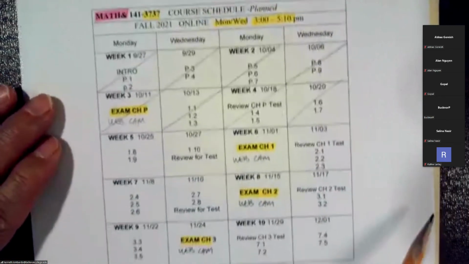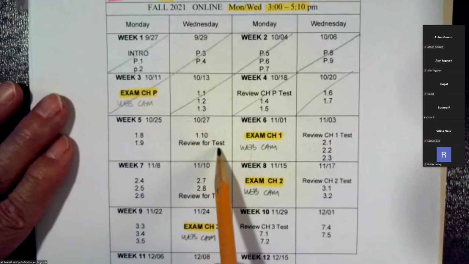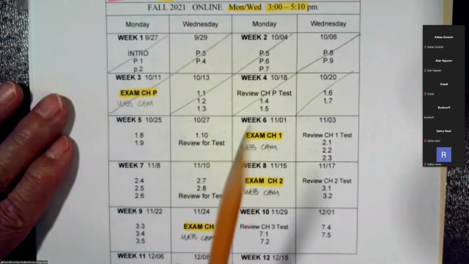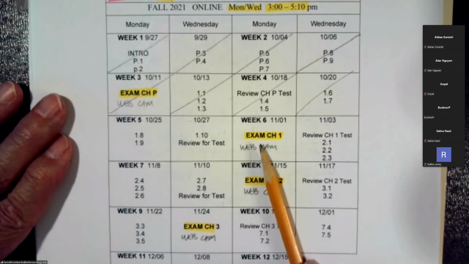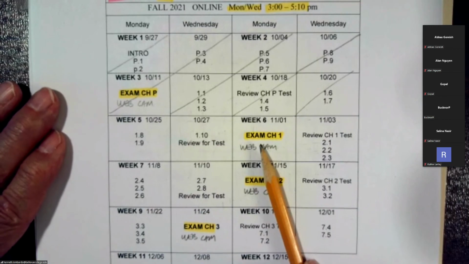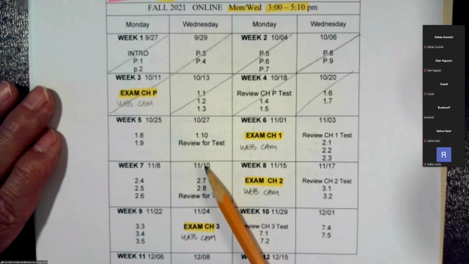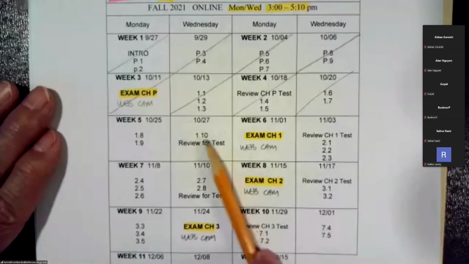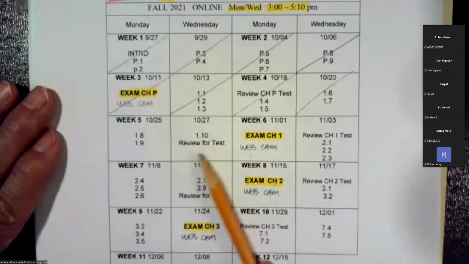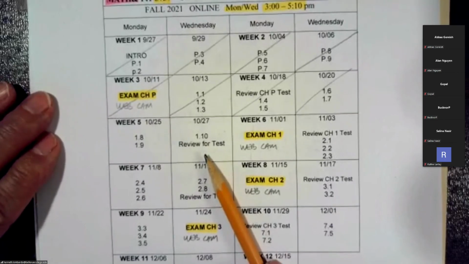I don't have anything formally prepared. Your best preparation for the test is simply to review your homework problems, review the lecture notes that you have from what we've covered, and to review the example problems in each section that we've covered. That's your best review. And I'll just answer whatever questions you might have, if you have any.